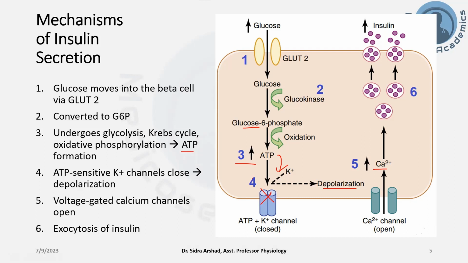How does it act? It simply closes these channels. When these channels are closed, the potassium stays inside of the cell and the cell undergoes depolarization. In response to this depolarization, the voltage-gated calcium channels open up and there is influx of calcium. Then there is calcium-mediated exocytosis of the secretory granules, which contain both the insulin and the C-peptide.